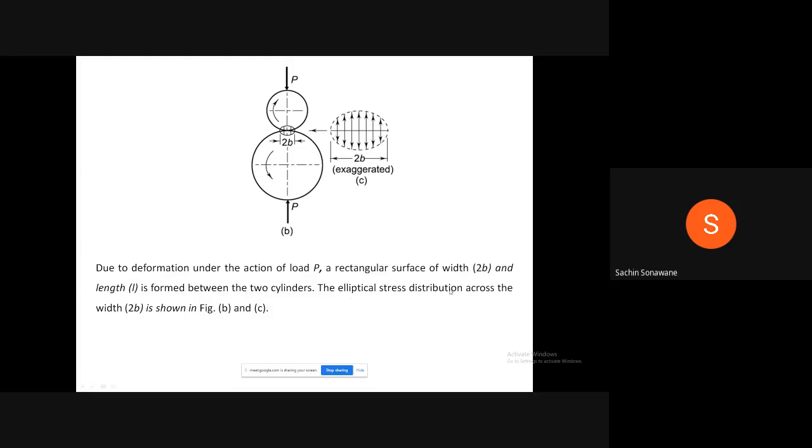The elliptical stress distribution across the width 2b is shown in figure B and C. This is the elliptical stress distribution. Therefore, draw this diagram and write down fast.